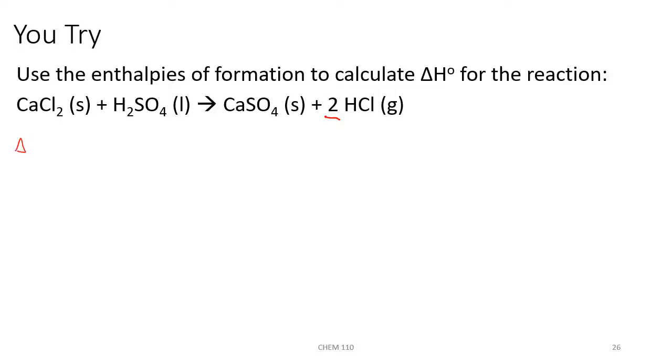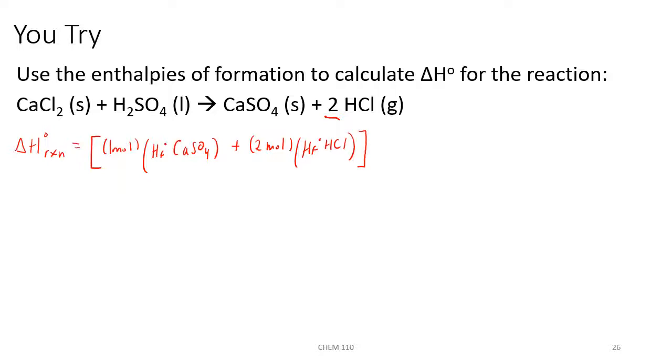So for our heat of our reaction, delta H of reaction at standard state conditions, we can calculate that by taking 1 mole times our heat of formation for our calcium sulfate plus 2 moles times our heat of formation for our hydrogen chloride gas.